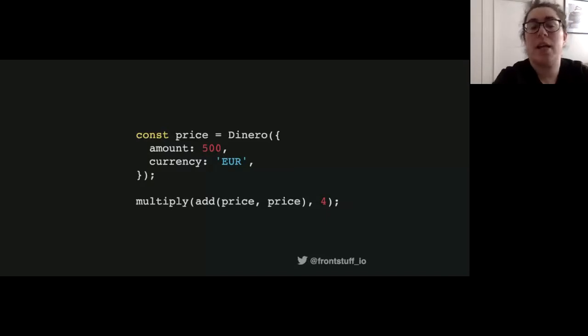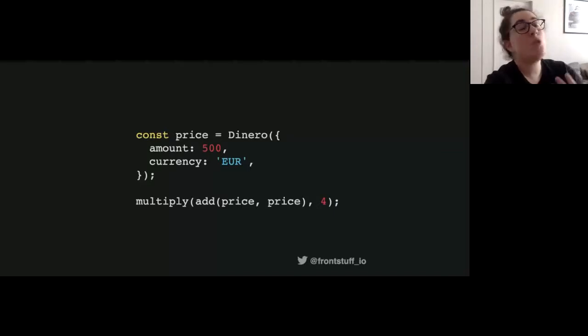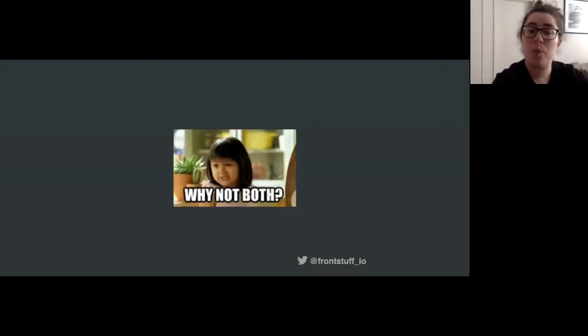Of course, for people who've been using Dinero so far with the chainable API and who like that, that's a big change, something huge to impose on people. That's why in Dinero.js v2, both APIs will be available. There will still be the chainable API, and there will be a functional API.